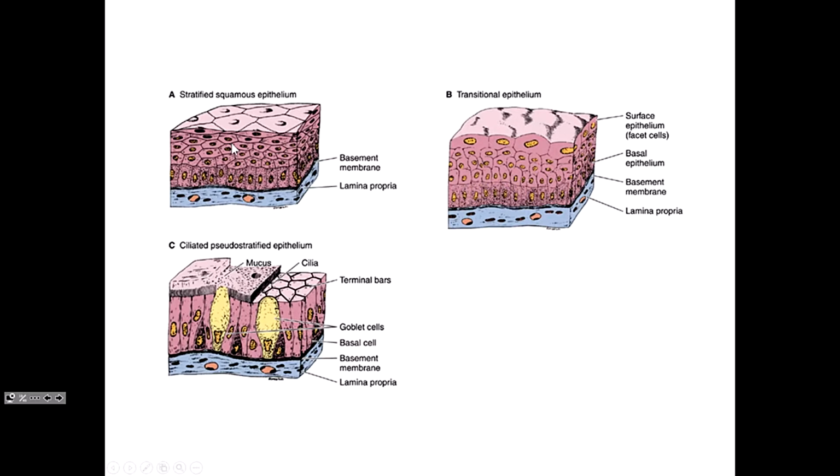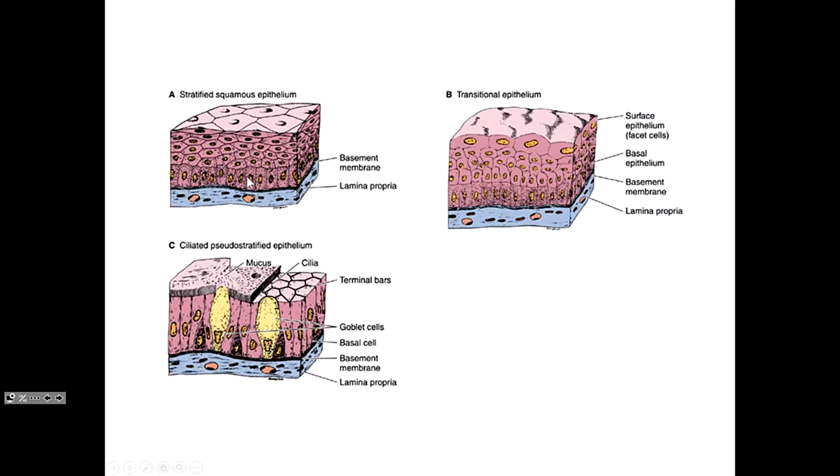epithelium, like the skin. And we say this is stratified squamous because we classify stratified epithelium based upon the uppermost layer of cells. So this uppermost layer of cells, you can see, are elongated, so they are squamous, right? This more basally located layer of cells are, in fact, columnar.